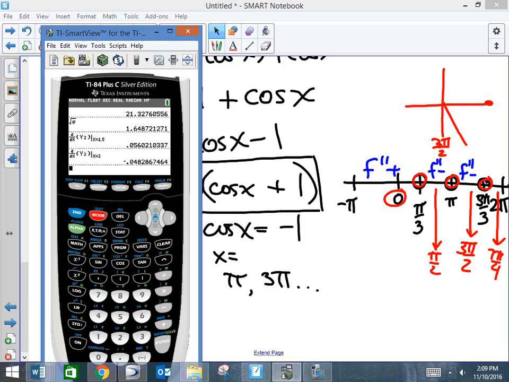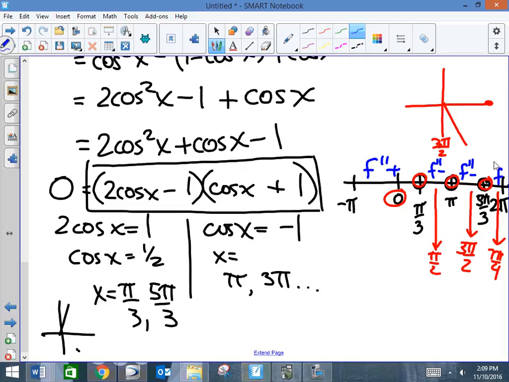Did I put it in there wrong? It's positive? I must have done something wrong. Okay. All right. Okay, so concave up here and here. Concave down here.